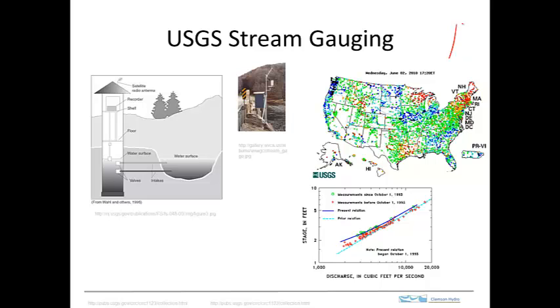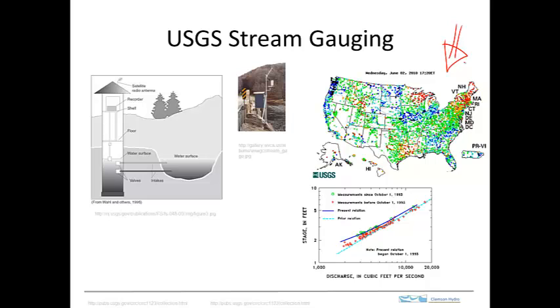This is a map of the gauging stations where there are real-time data. There are about 7,000 of these, and there are about 11,000 total stations where some data are available. Some of the gauging stations are put out of service, usually as a result of budget cuts. So not all of the ones where data are available are currently in operation.